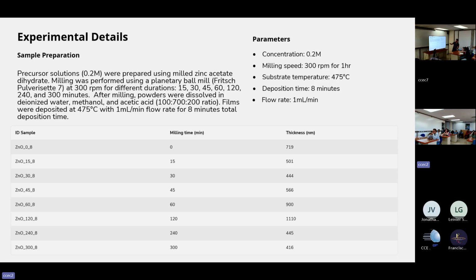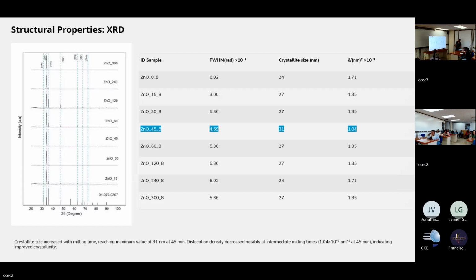The nomenclature used is the material followed by the revolutions and the milling time.